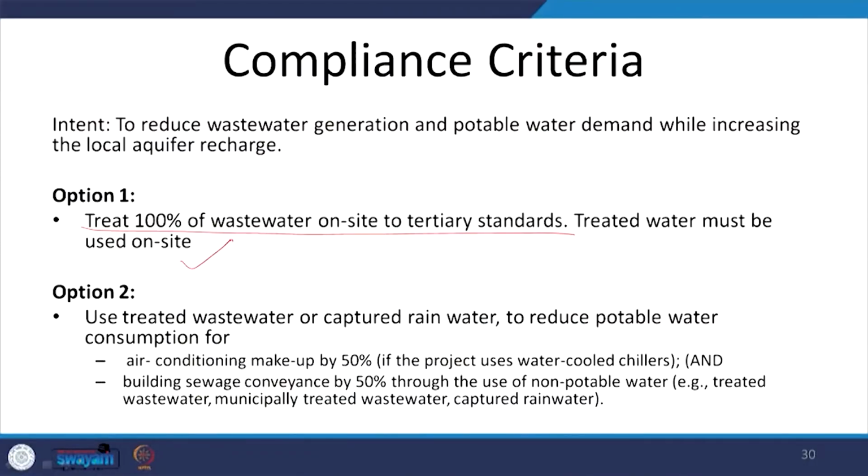Or the second option is we use the treated wastewater or captured rainwater to reduce potable water consumption for air conditioning makeup or building sewage conveyance by 50% through the use of non-potable water. So, either of the two options can be opted for, and in most likely cases, the presence of an STP on site is almost mandatory to treat the wastewater.